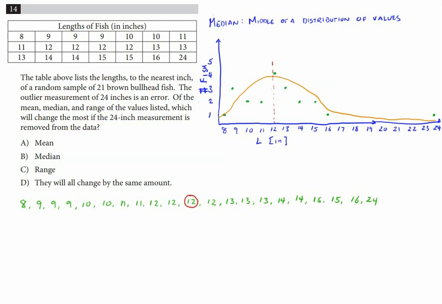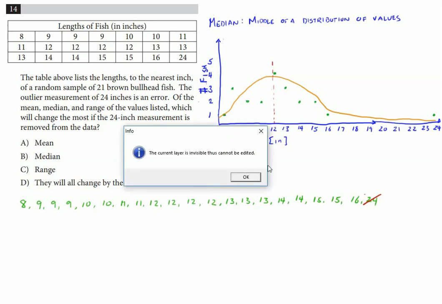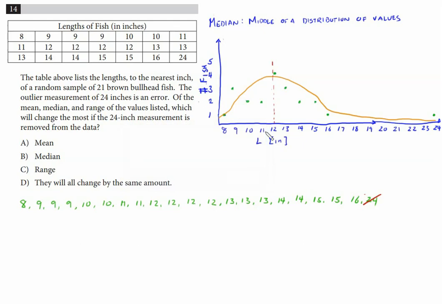Now next, we have to get a second median, where we eliminate the measurement of 24 inches. And so now your median is going to fall here, between this number, because there's 20 numbers left, so we need to find the average of these two.